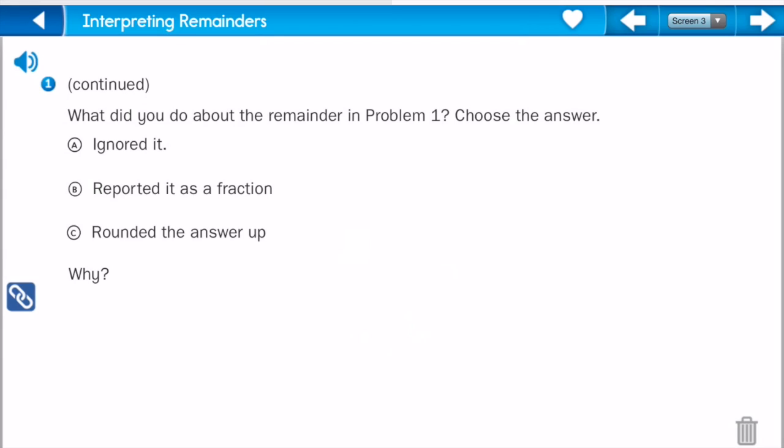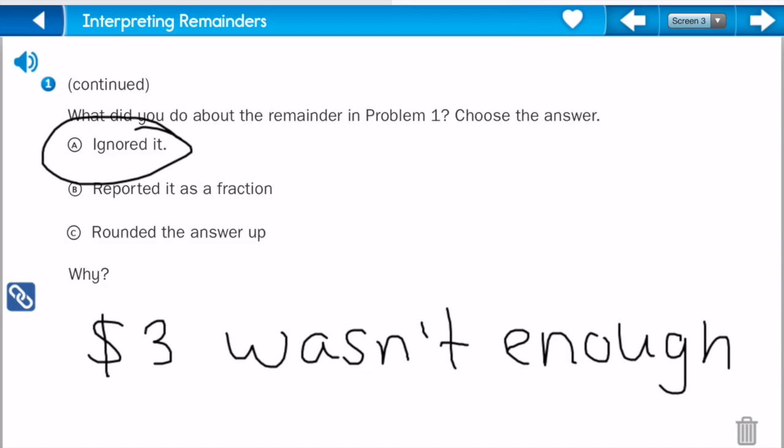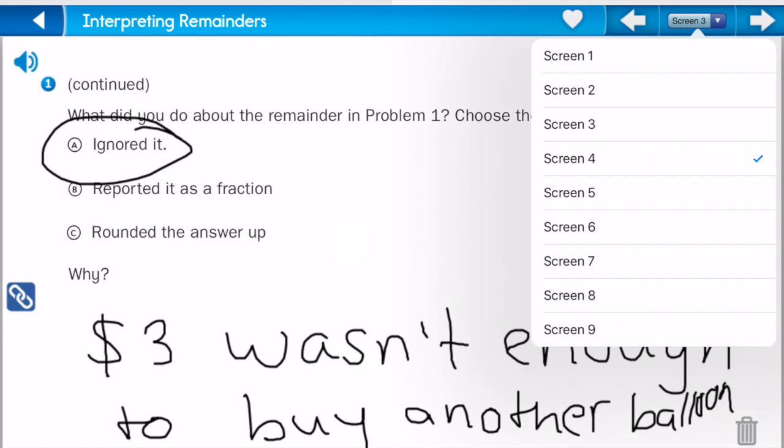So we decided to ignore it because $3 wasn't enough to buy another balloon. Okay? All right. Let's go to our next screen.